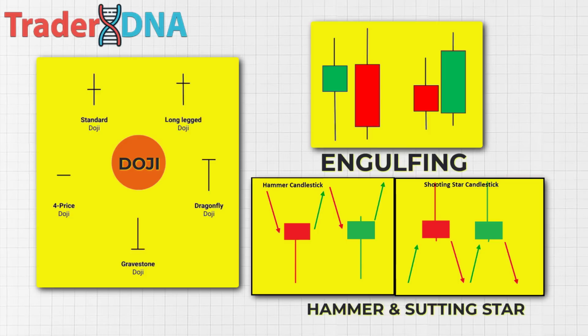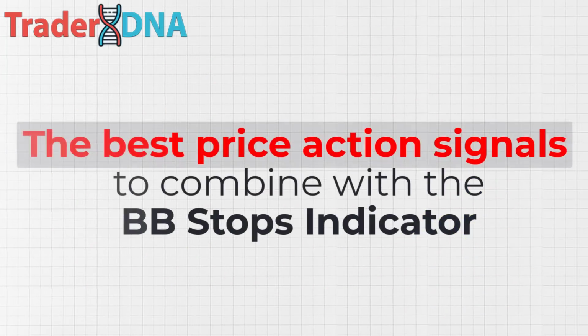Traders who use price action pattern signals often combine them with other technical indicators or analysis techniques to confirm their trading decisions. These patterns are considered valuable tools for identifying potential entry or exit points, managing risk, and determining the overall market sentiment. The best price action signals to combine with the BB Stops indicator.